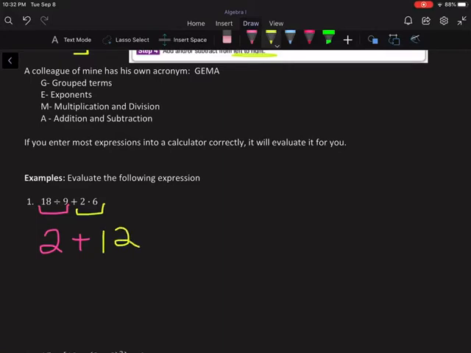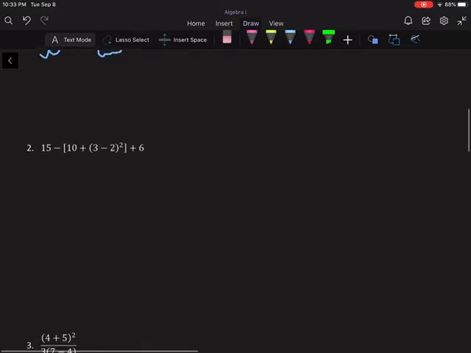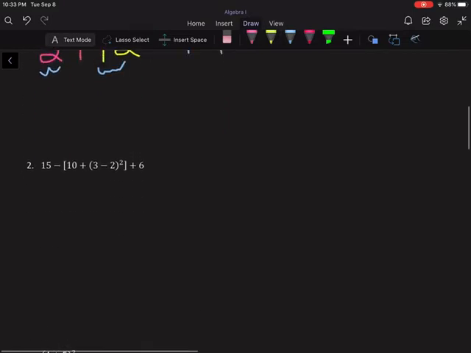And then I have 2 times 6, which is 12. And that would equal 14. It's a pretty basic one. Okay? But I did everything from left to right. I first multiplied or divided. Then I added. Next one.